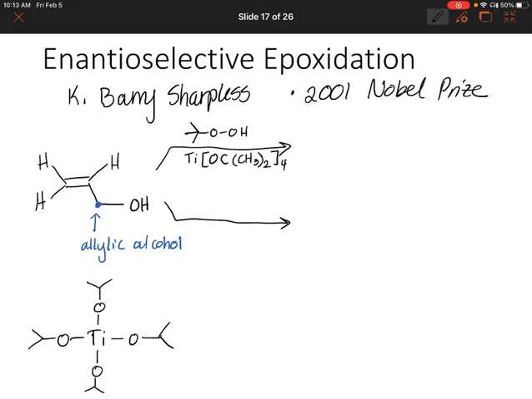And then you also combine that with either plus DET or minus DET. And DET stands for diethyl tartrate. So let's draw that down below.